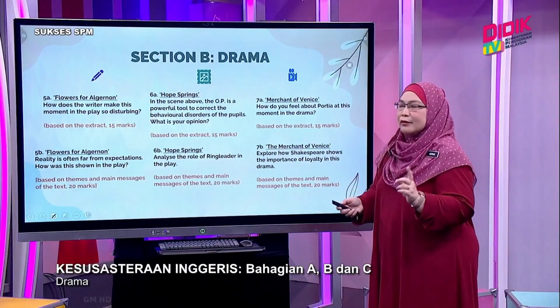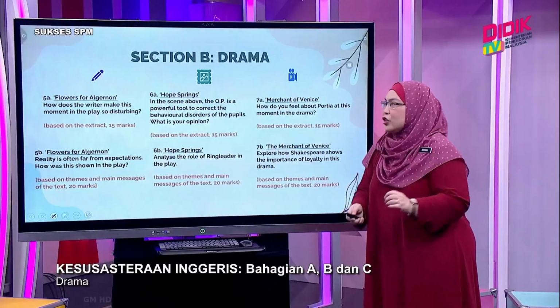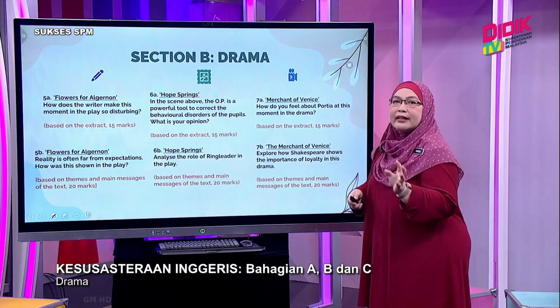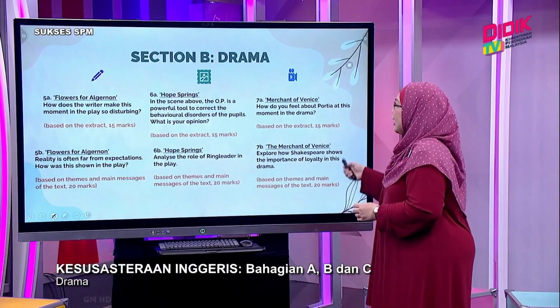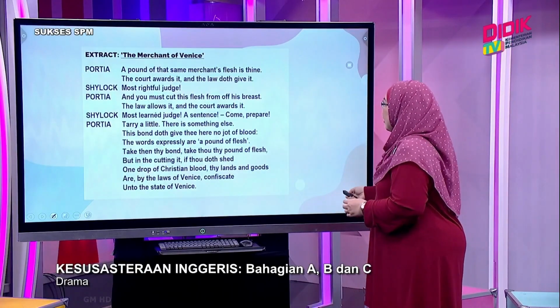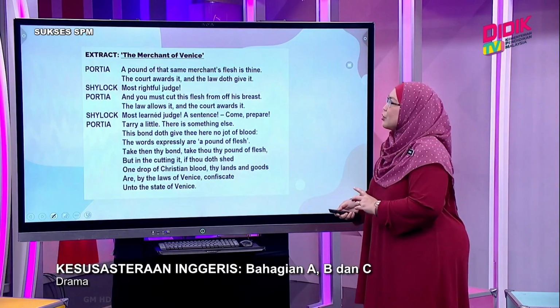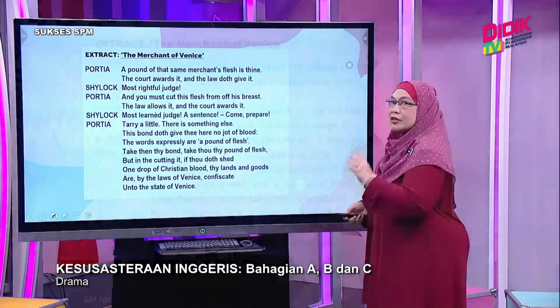Okay, now let's take a look at Merchant of Venice, A question. How do you feel about Portia at this moment in the drama? Obviously, we know who Portia is. And in this extract, it starts off with Portia saying to Shylock, "A pound of that same merchant's flesh is thine.